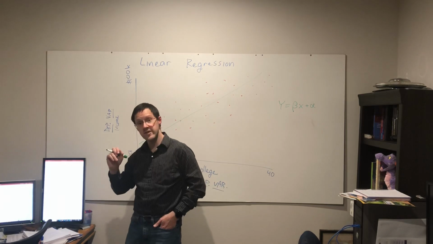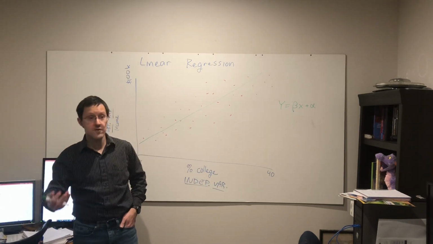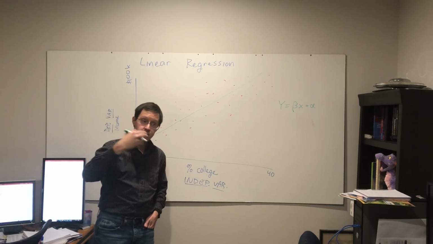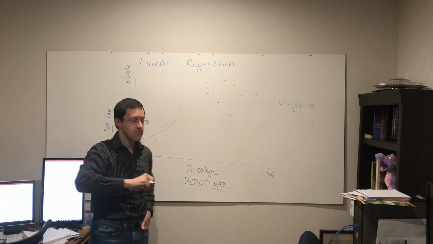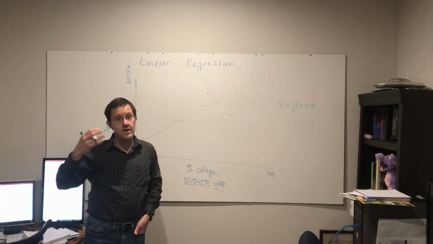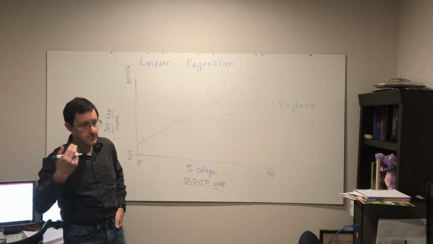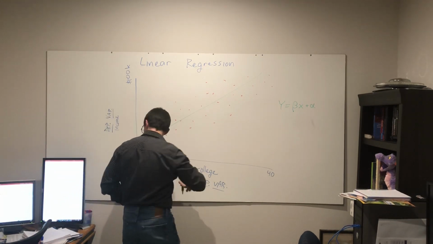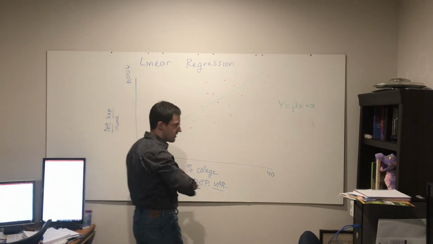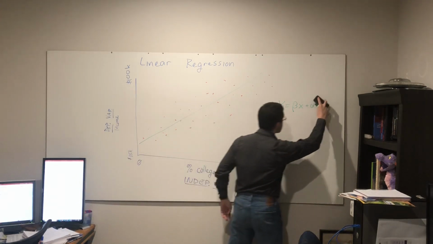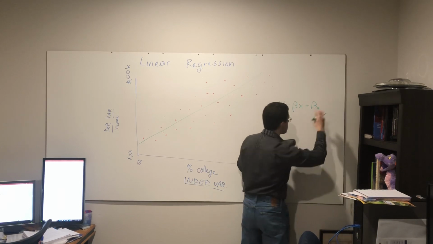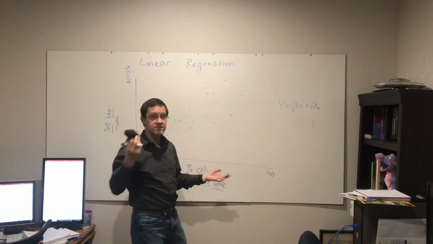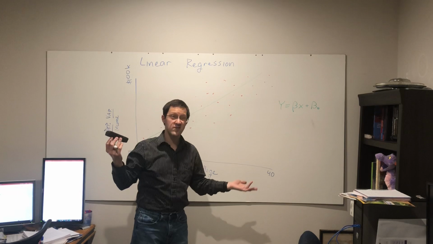You may recall from high school geometry, you would have probably seen something about y equals mx plus b. In regression, we do tend to use something slightly different, but it's the same ideas. Beta and alpha. Sometimes you'll see alpha, sometimes you may even see a beta with a 0. They would mean the same thing, just a different term for it.